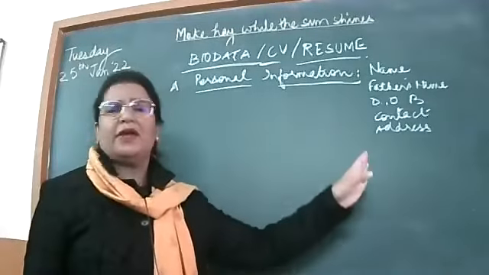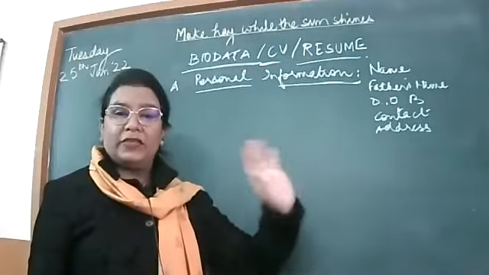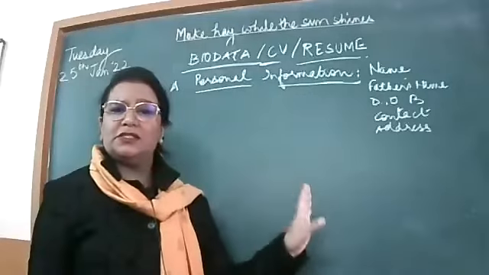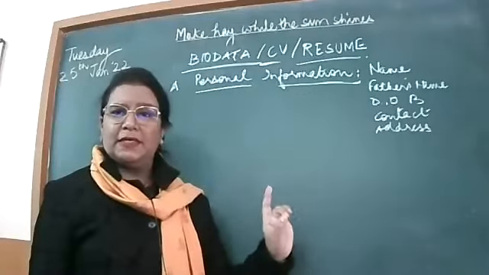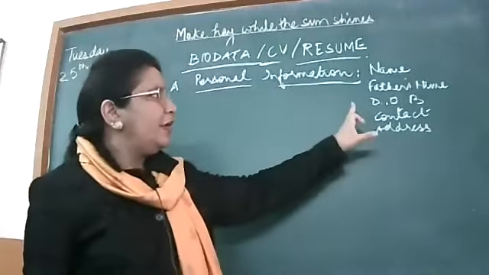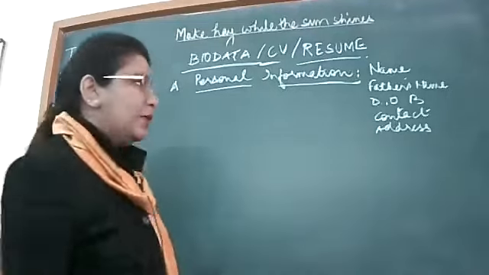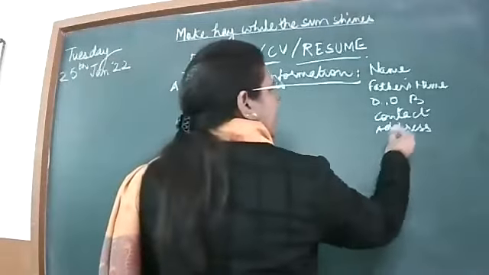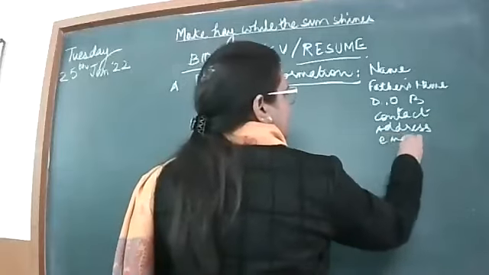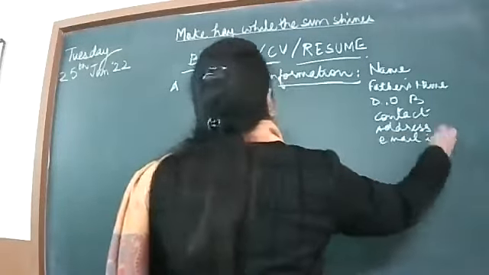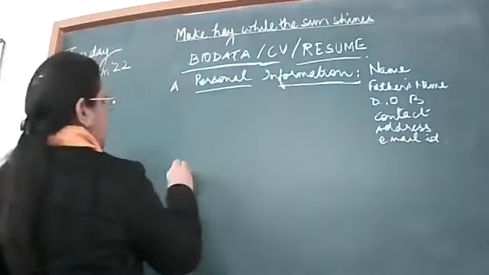So then of course, you can write down the marital status if they have specified it. Otherwise, it is not at all required. Clear? So here your name, father's name, date of birth, your contact, your address. And you give your contact phone number. You can also talk about your email ID.